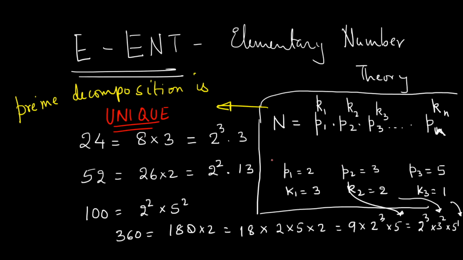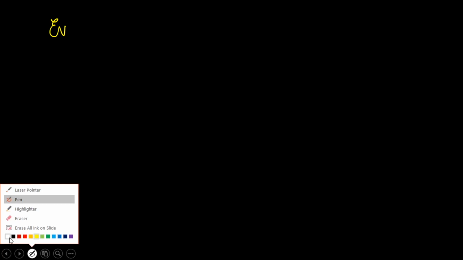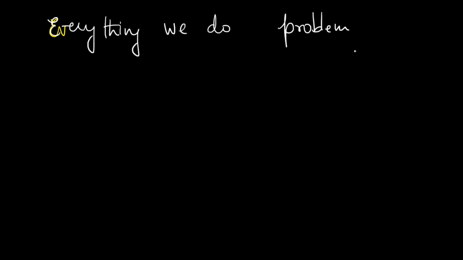Now this is a nice fact, but is it really useful? That's really not a great question, because just about everything that we do in number theory will often utilize this fact in the background. Everything we do in problem solving in number theory often will use this fact.